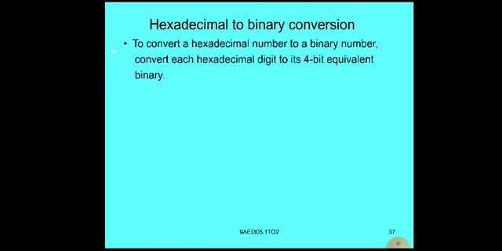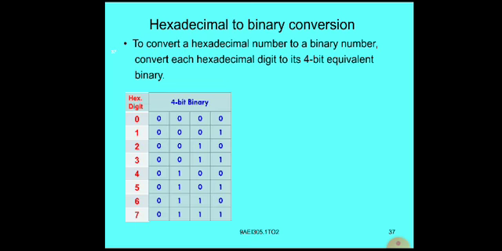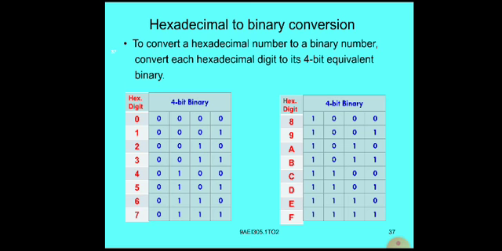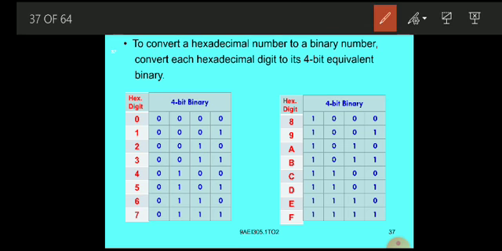So, hexadecimal to binary conversion. To convert a hexadecimal number to binary, what you have to do is this. The hexadecimal base is 16, which you can express in terms of base 2, the binary number system.